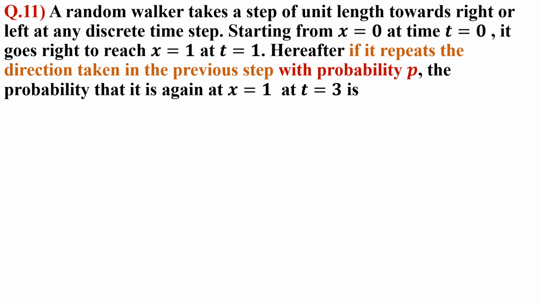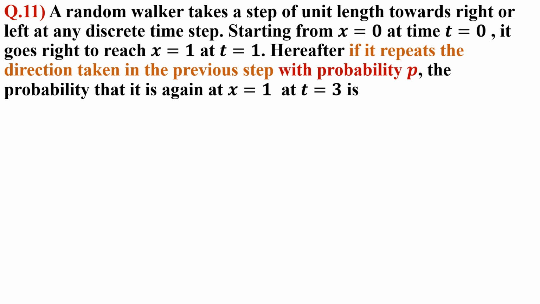Question 11. A random walker takes a step of unit length towards right or left at any discrete time step, starting from x equals 0 at time t equals 0. It goes right to reach x equals 1 at t equals 1.